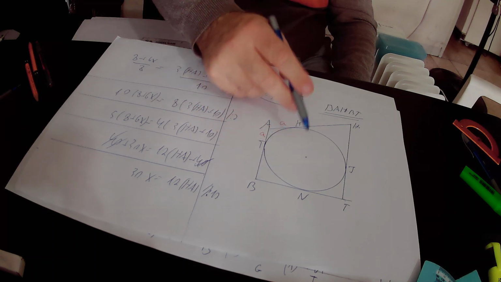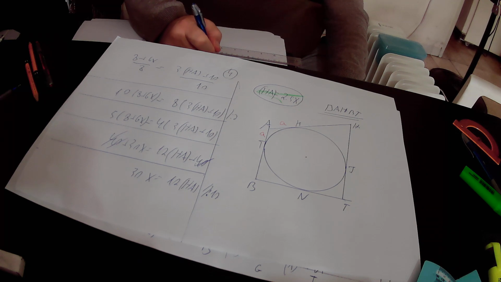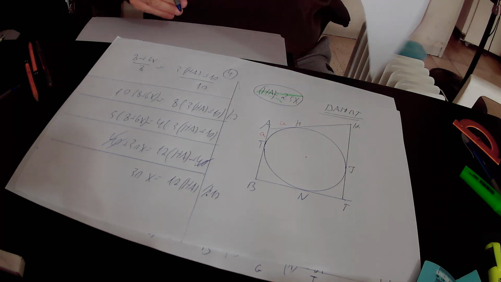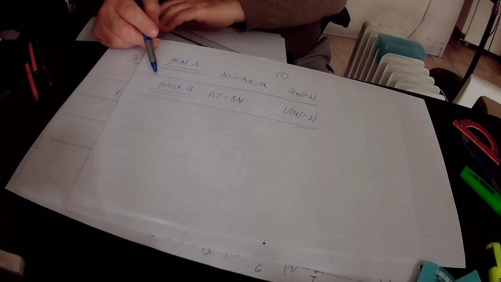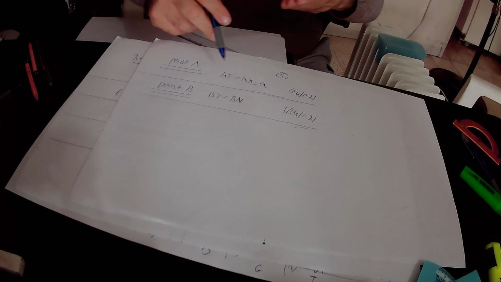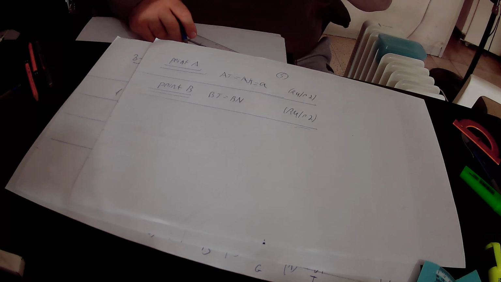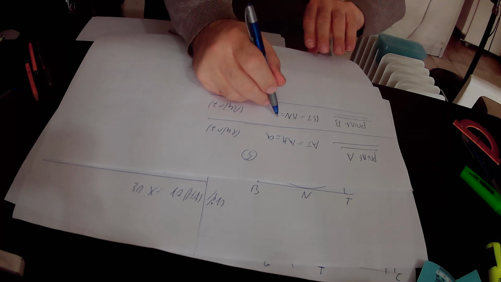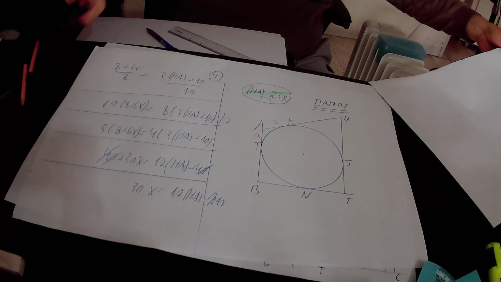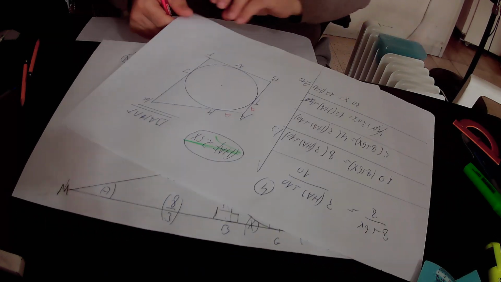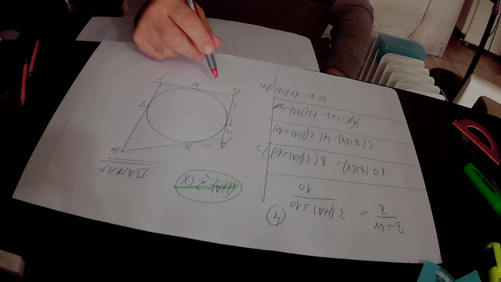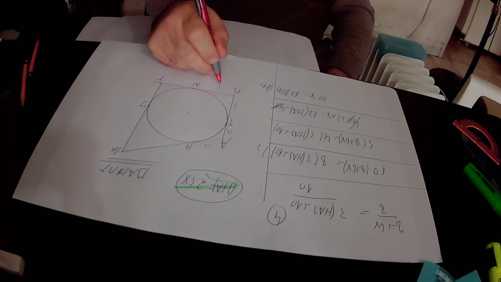That is to say, BT equals BN. So if we define one of those two tangents as B, then the other tangent must also equal B. If the length of tangent BT equals B units, then the length of tangent BN must also equal B units because they are equal to each other.